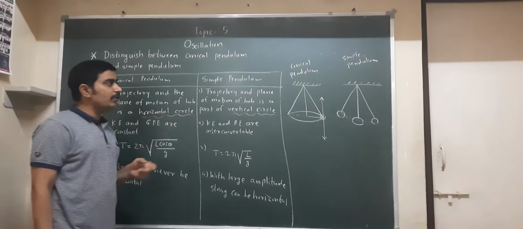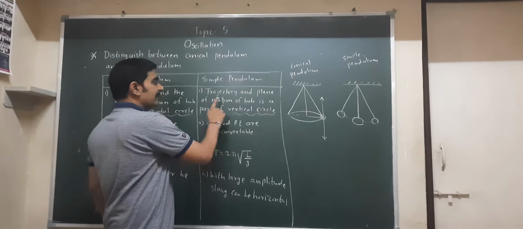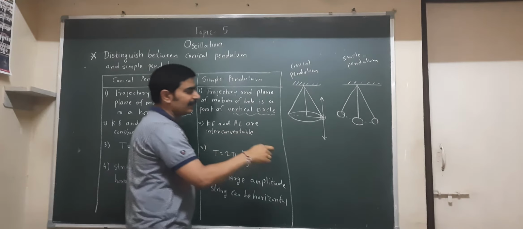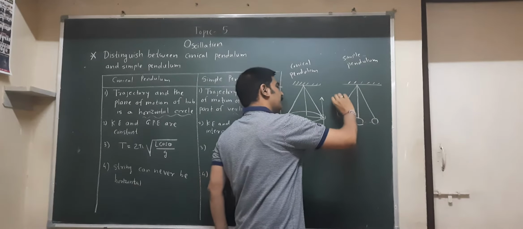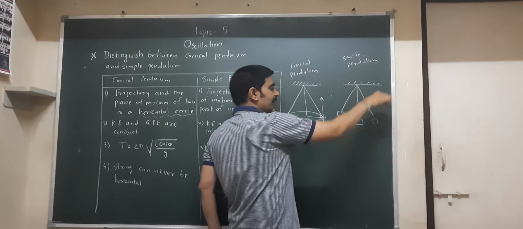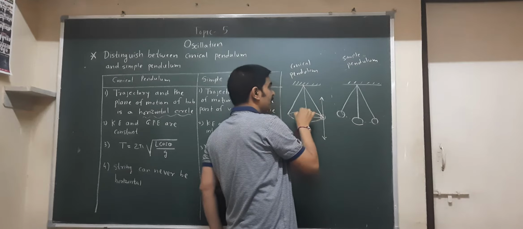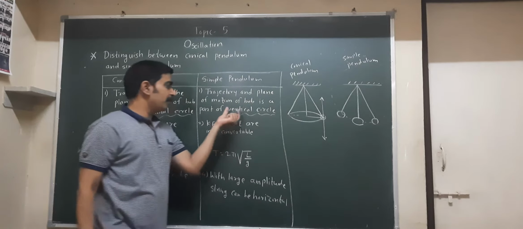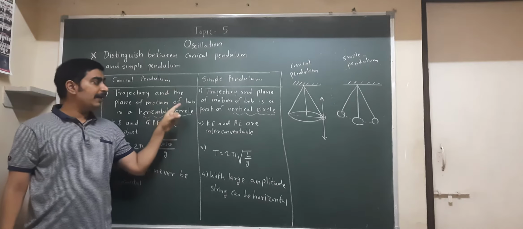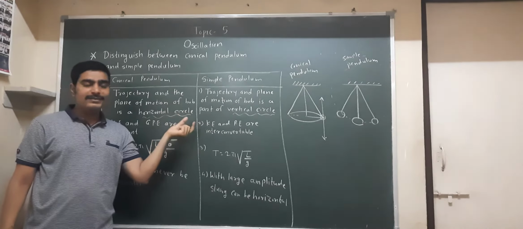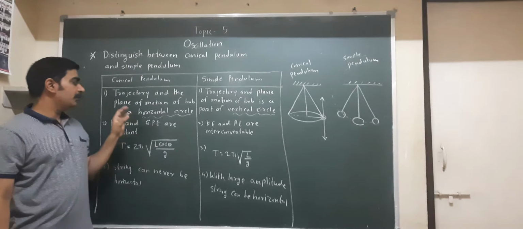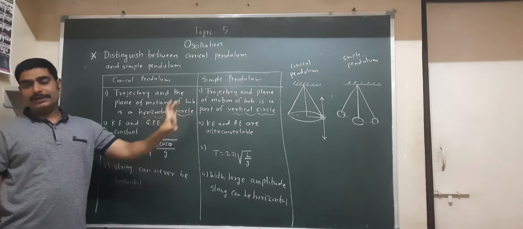Now if we observe the simple pendulum, the trajectory and the plane of motion of the bob is a part of a vertical circle. It is just like a part of vertical circular motion. So this is the important word, vertical circle. So here, horizontal circle and vertical circle.